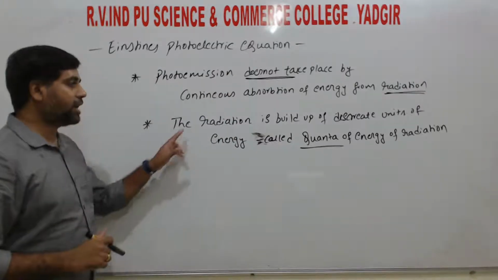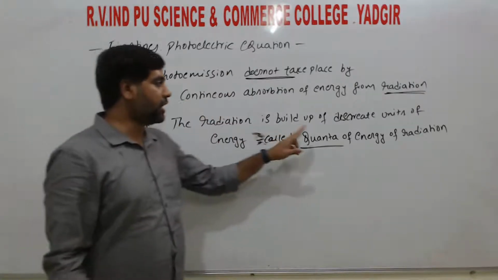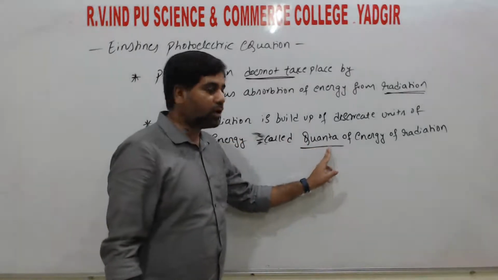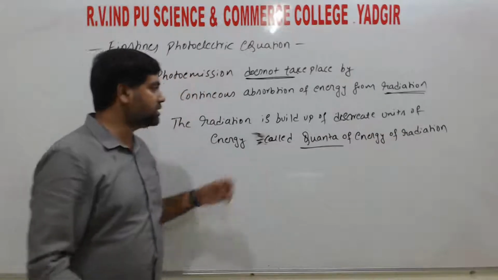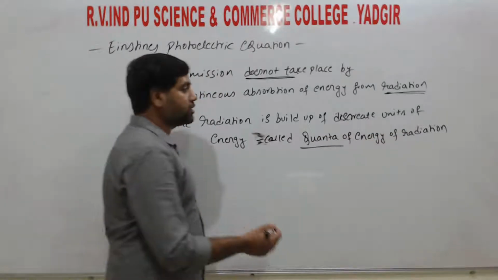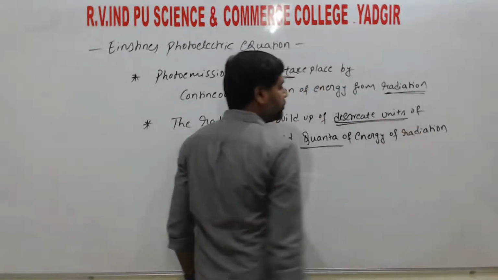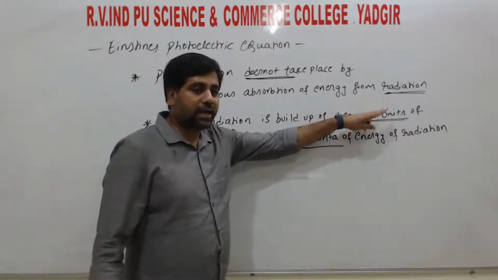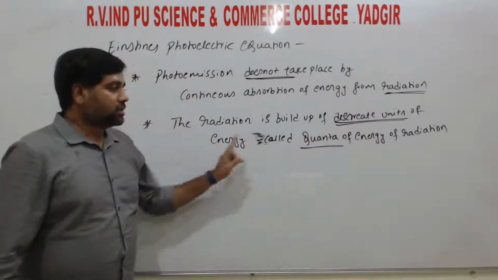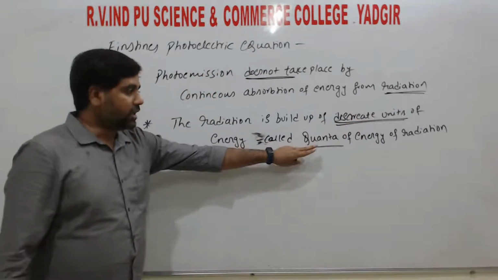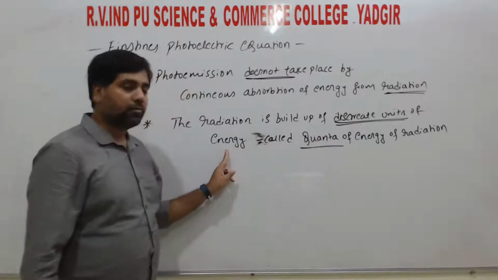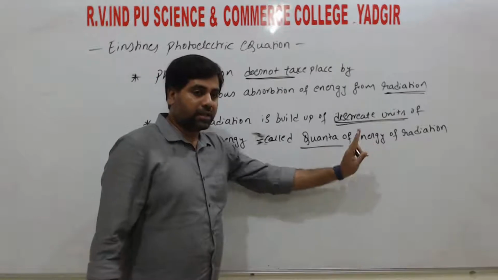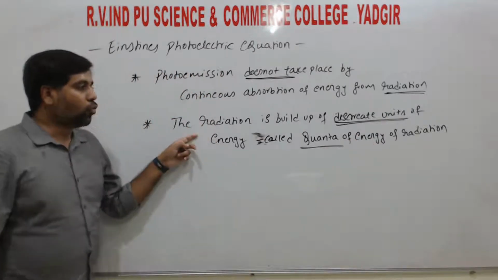Discrete units are nothing but packets of energy. The radiation of the incident light is built up of several quanta of energy. So these are the two points initially.